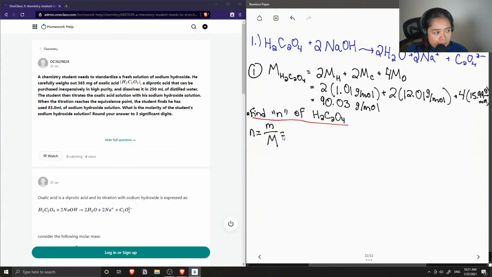So we know the mass of oxalic acid was 365 milligrams, but I'm just going to convert it to grams because our molar mass is in grams per mole. So 0.365 grams is the same as 365 milligrams. So now our units for grams should cancel out, and our moles will be our main unit, and you get 4.05 times 10 to the negative 3 moles.